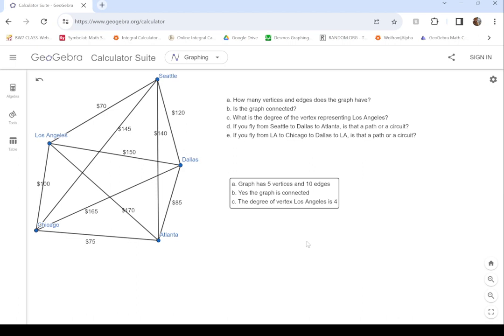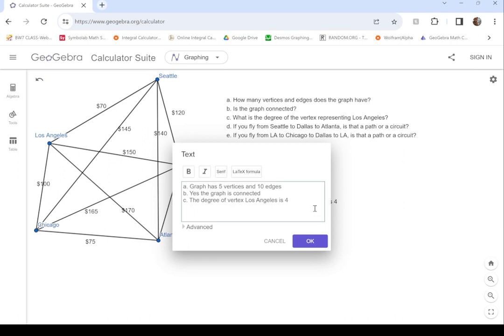A circuit is one where you are on a path, but your ending vertex is the same one that you started with. Here, we go from Seattle to Dallas to Atlanta, so that would be a path, since our ending vertex is not the same as my original starting one.